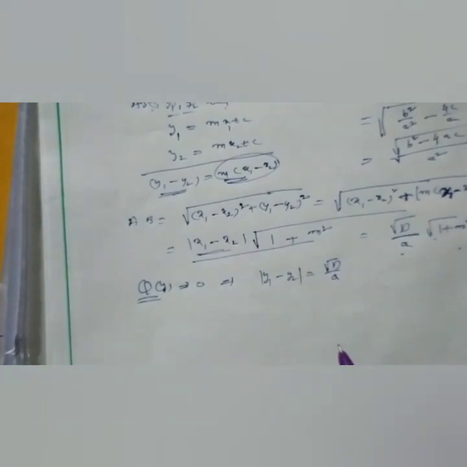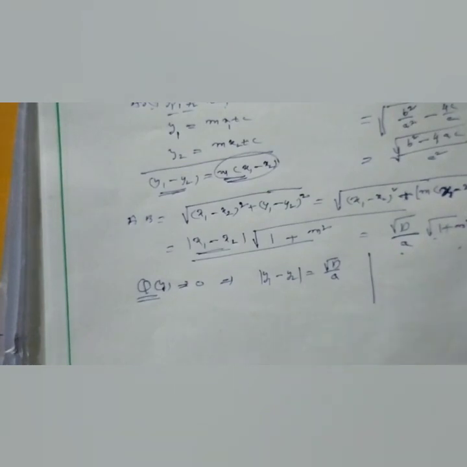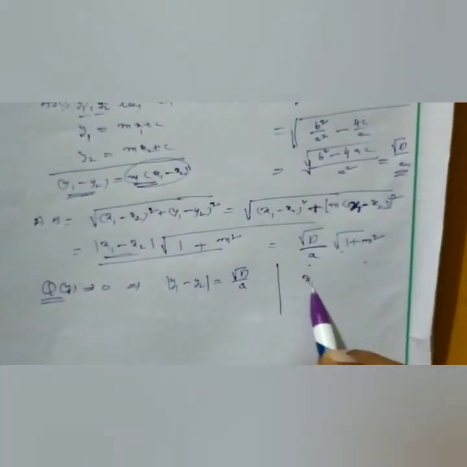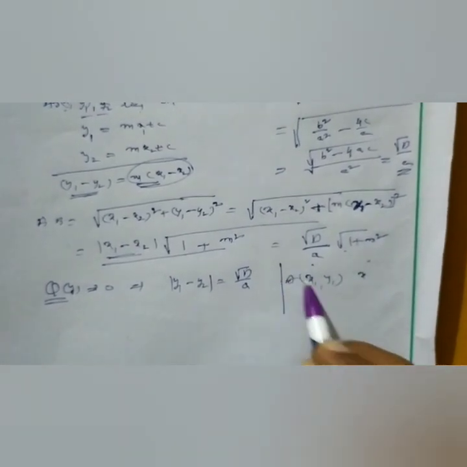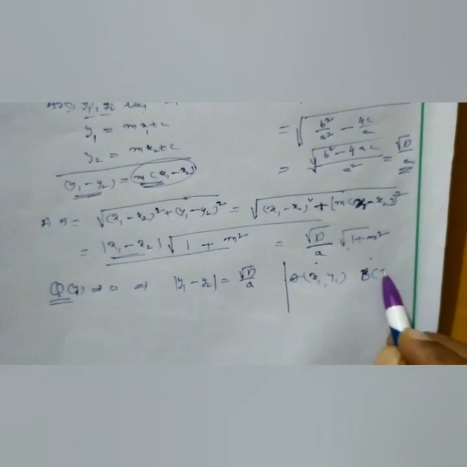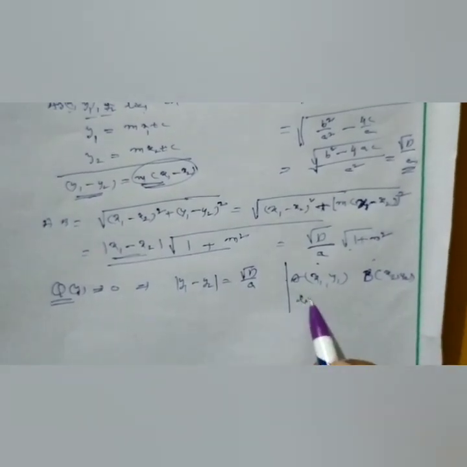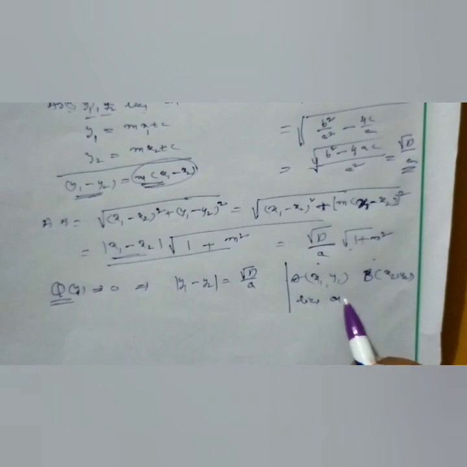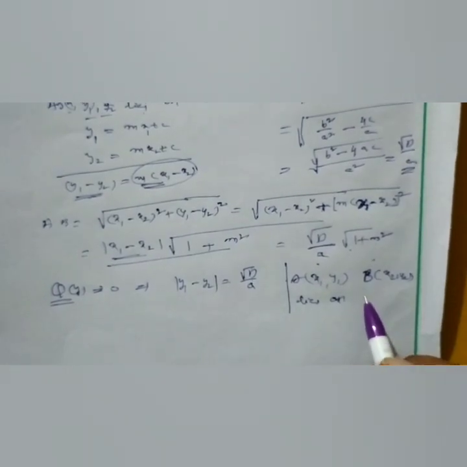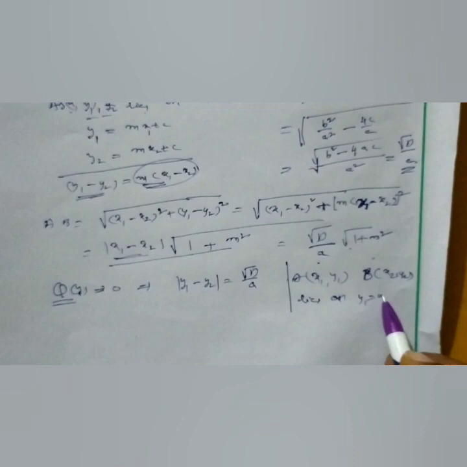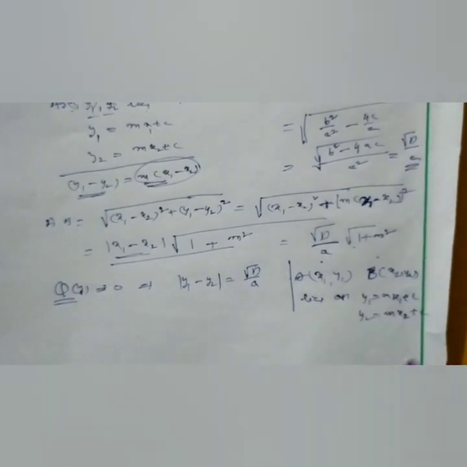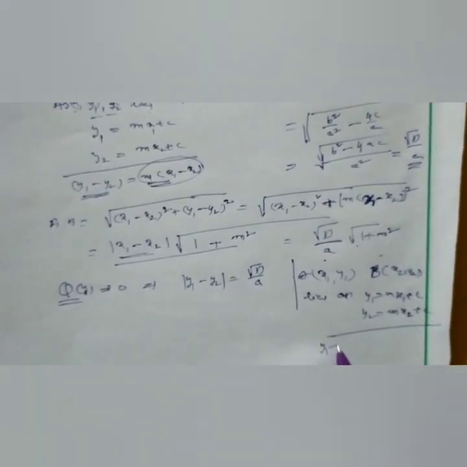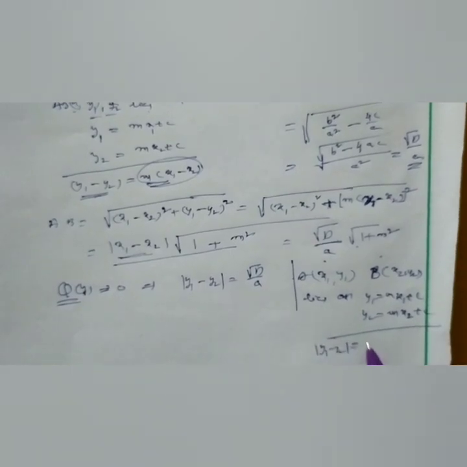But as the points A (x1, y1) and B (x2, y2) lie on the line, y1 is equal to mx1 plus c, y2 is equal to mx2 plus c.